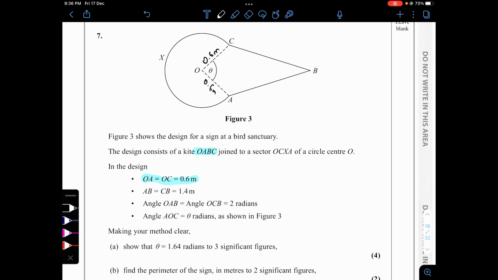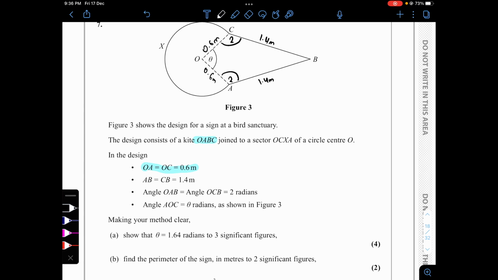AB equals CB, so that is 1.4 meters here and 1.4 meters here. Angle OAB and angle OCB is 2 radians, so I'm going to write 2 here and 2 here. Angle AOC is this, theta. Making your method clear, show that theta equals 1.64 to 3 significant figures.